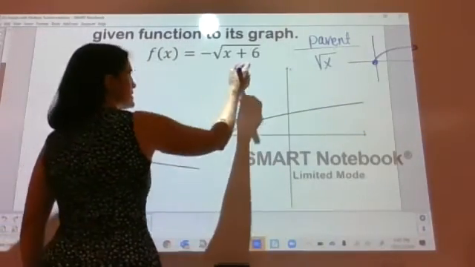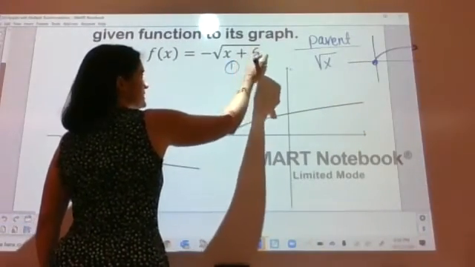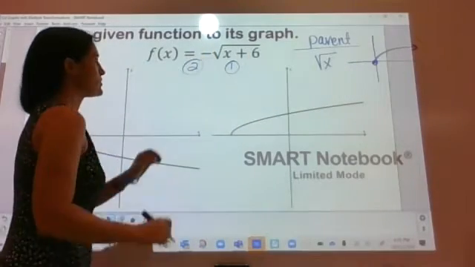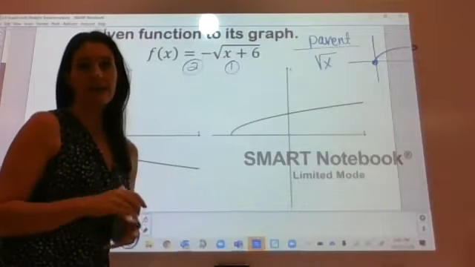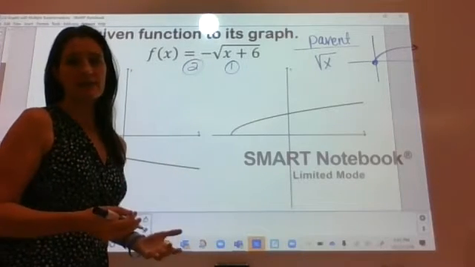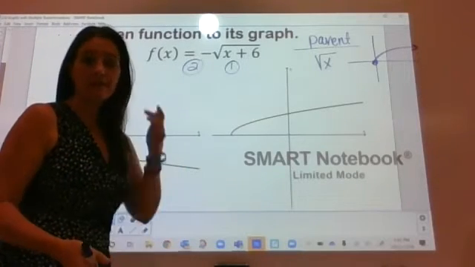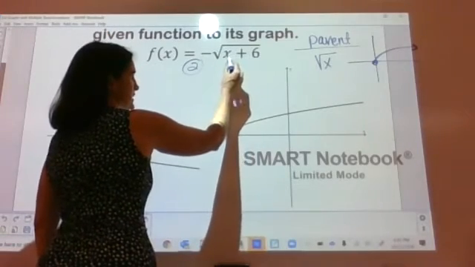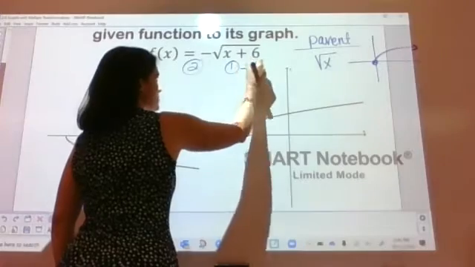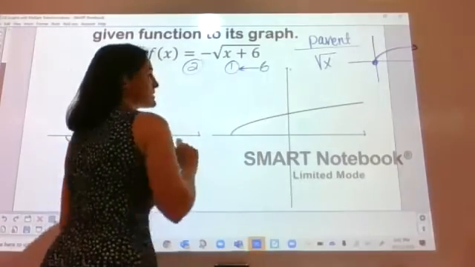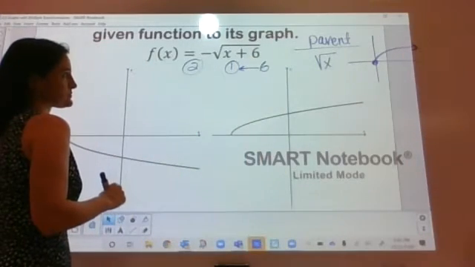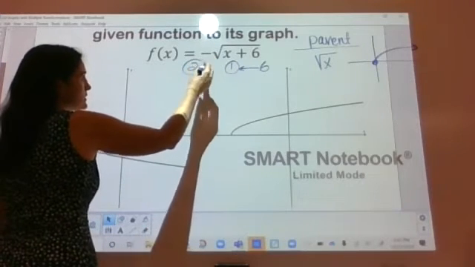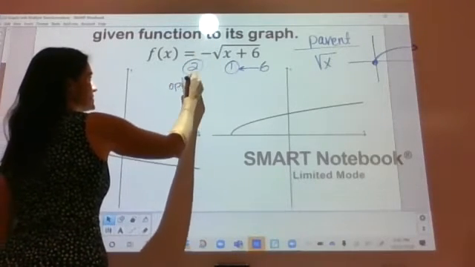So let's talk about the modifications that happen to it. The first one is this +6, and the second one is this minus out front. So the +6 is inside with the x. So this is an insider's lie situation. And it means that instead of adding 6 to all the x's, we're going to be subtracting it. That means it's moving to the left 6 spaces. And then the negative out front again means you are taking the opposite of y.